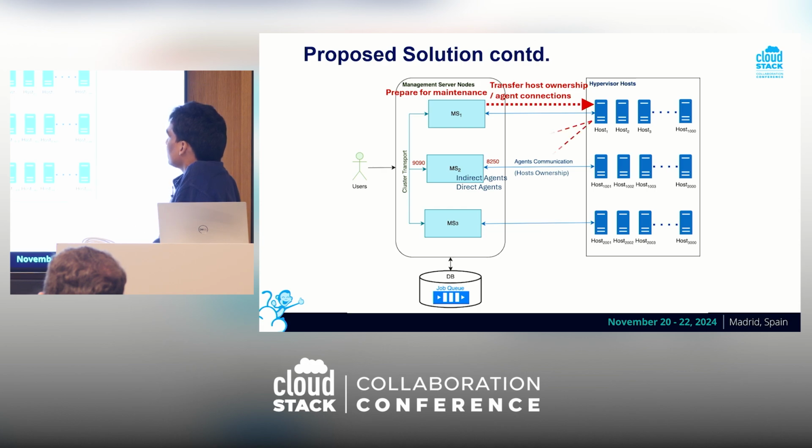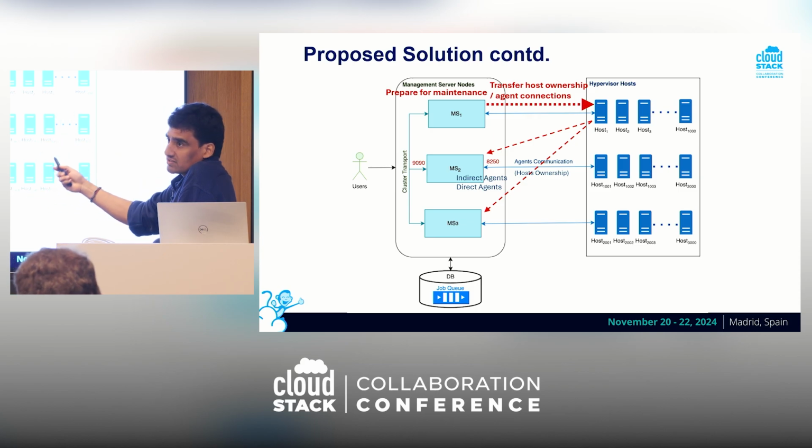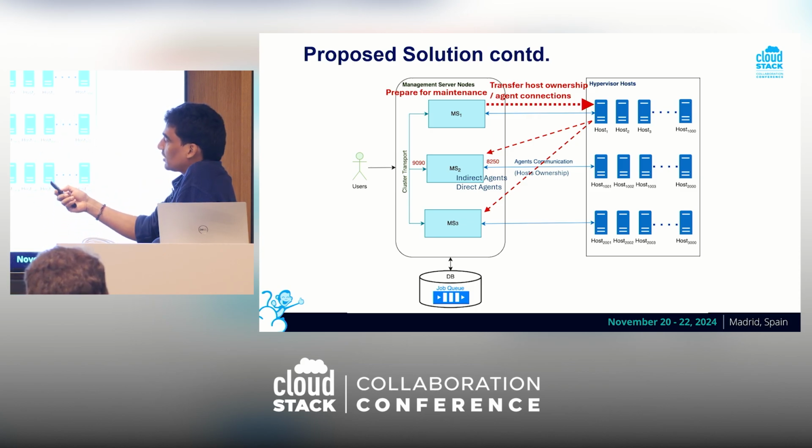Now they will send requests to MS2 and MS3, and MS2 and MS3 know that this is a transfer of agent connections, so they will not set up storage, SSH and all again. They will do the minimal command processing required, and as soon as all the agents are transferred to MS2 and MS3, MS1 will be in maintenance.